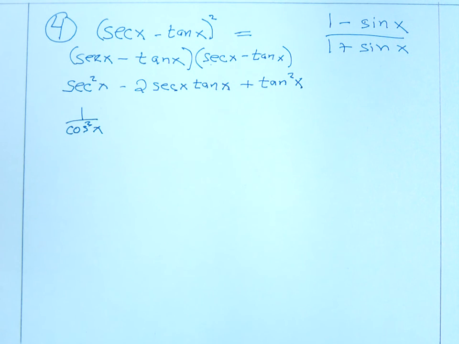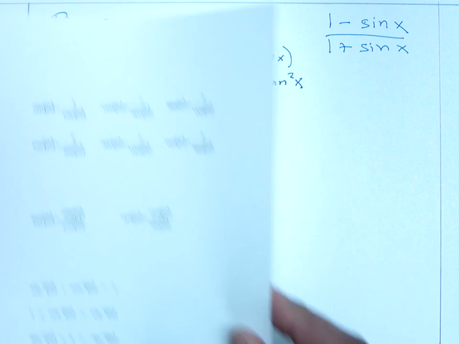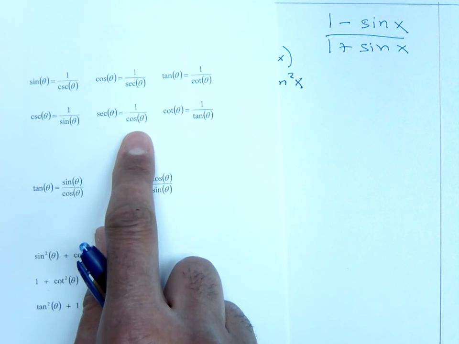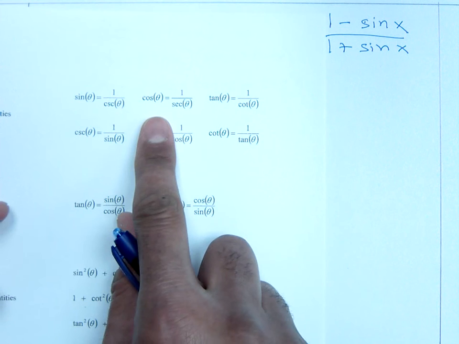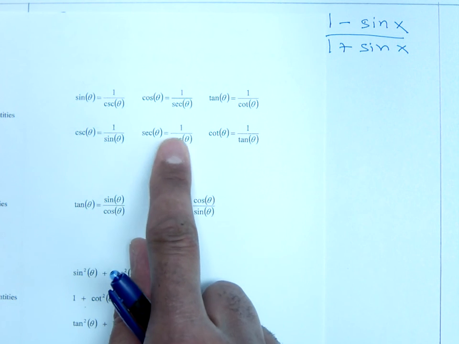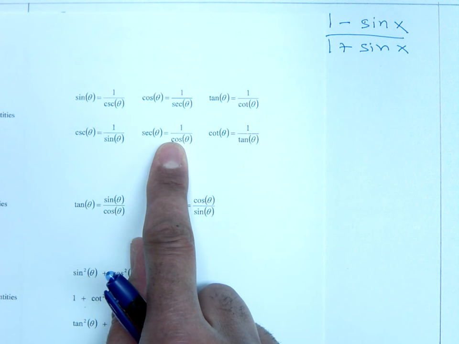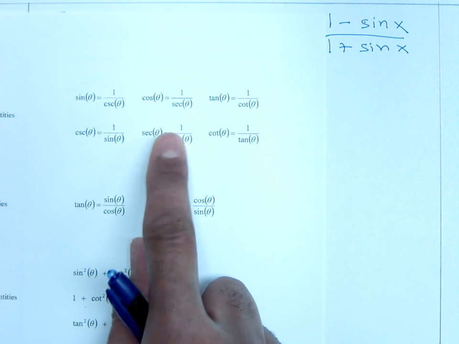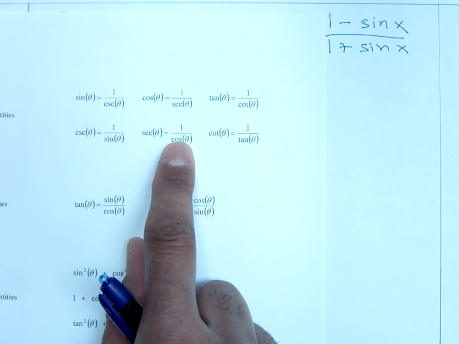So on your identity sheet, right here, I can't blow this up, but look on your sheet. It's this one right here. Do you see that on your sheet? Secant is 1 over cosine, right?